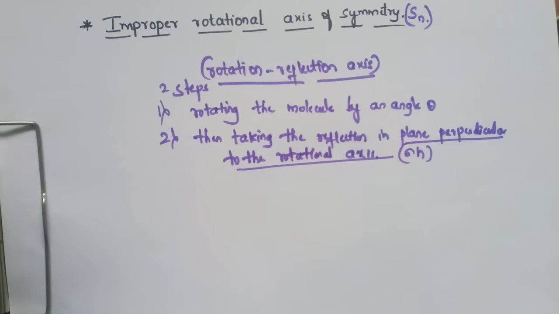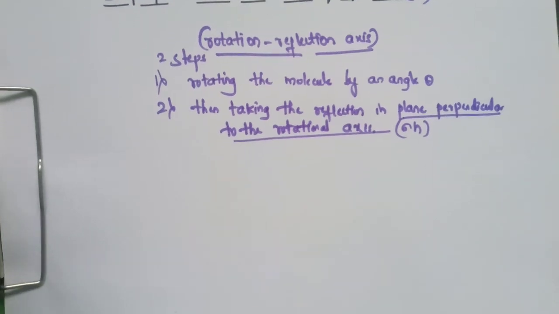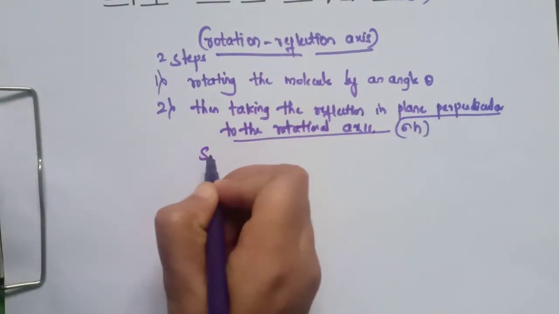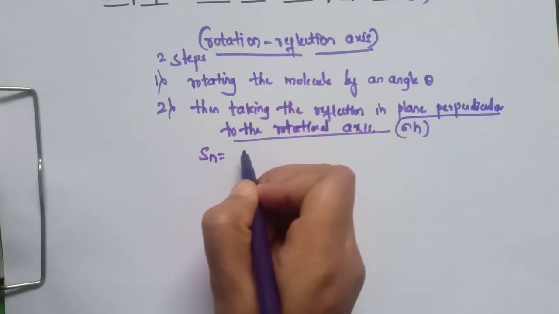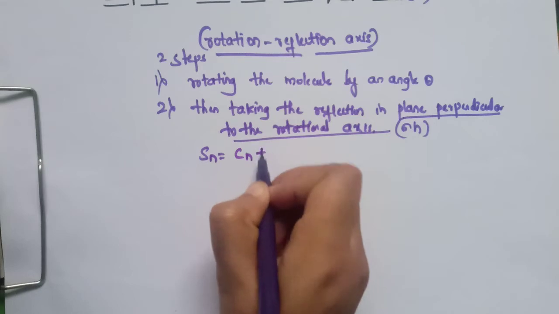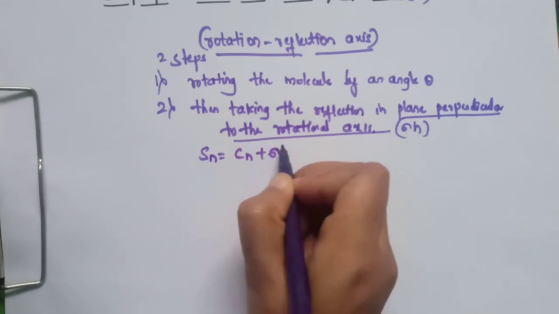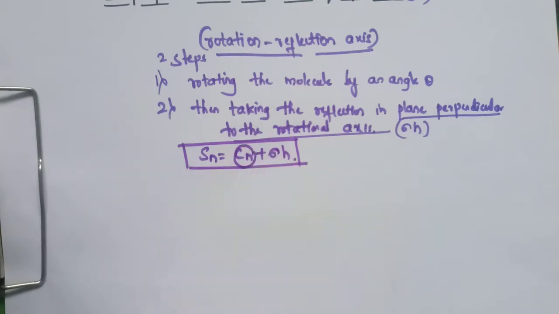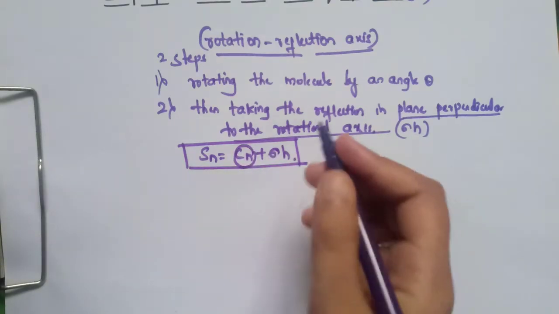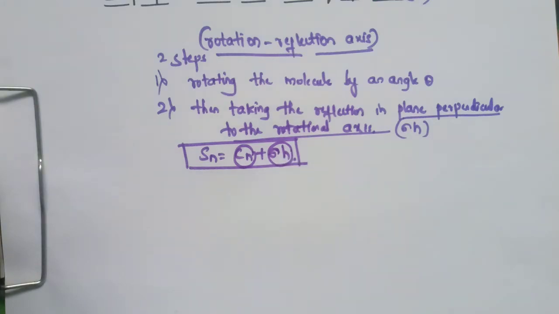So here Sn is equal to Cn plus sigma h. First we have to perform the rotation, and the second one is reflection in the plane perpendicular to the rotational axis.